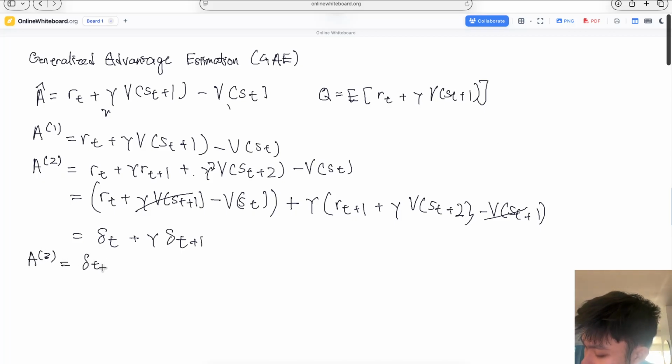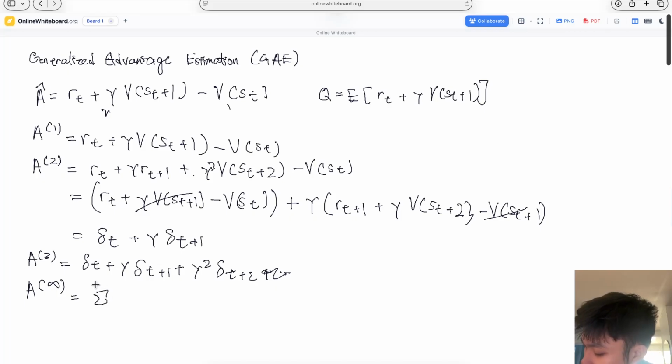So this is the temporal difference plus gamma, plus gamma squared, and so on. And so we get the advantage at infinity time steps.